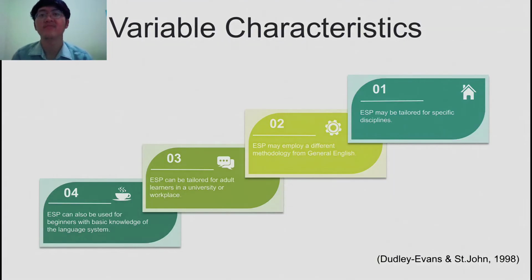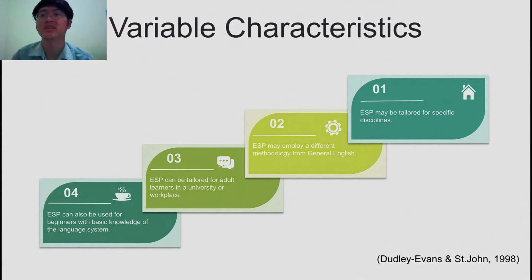Next, if the previous one is absolute characteristics, then there is also variable characteristics. ESP may be tailored for specific disciplines, so it is designed specifically for certain disciplines.